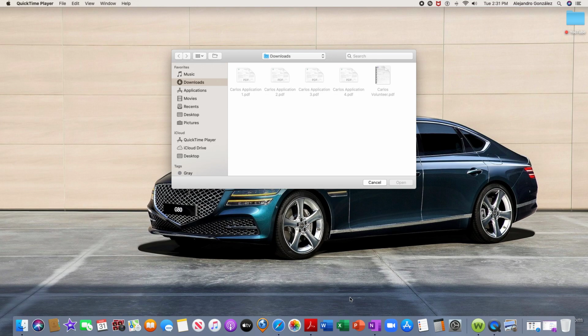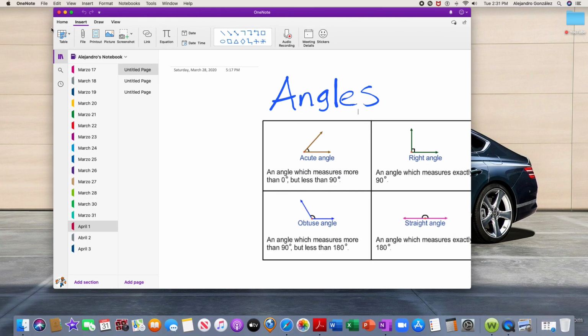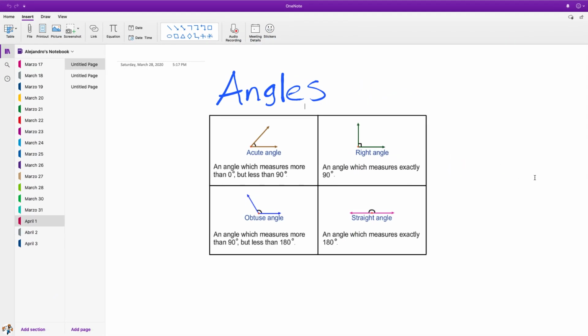And today's lesson, guys, is going to be about math. So let me go here and open the page for you. And yes, you can see it in the title. Today's lesson is going to be about angles. But today we are going in depth.